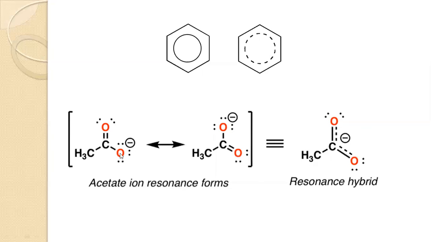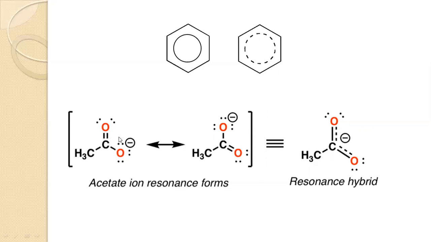Here is the example of the acetate ion. Acetate ion, from this carboxylic acid, CH3 C double bond O OH. When it loses one proton, it generates a negative charge on this oxygen, which means more electron density is on one oxygen, and this negative charge is shared with the other carbon-oxygen bond.